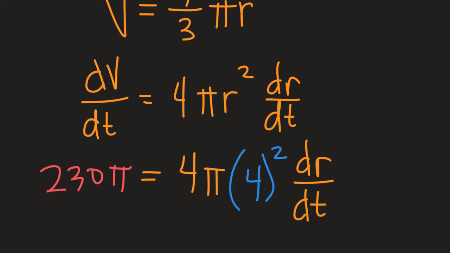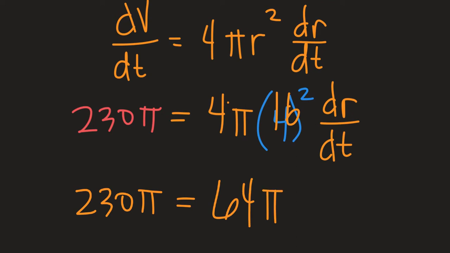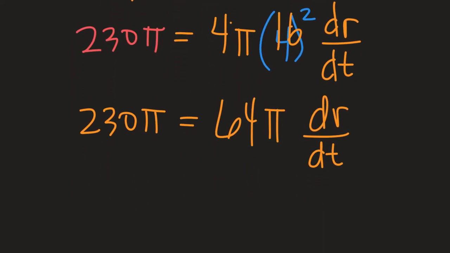So basically, this is a division problem once you take the derivative and you plug in everything that you know. So we have 230 pi. 4 squared, well, that's 16. 16 times 4 is 64. And if you need a calculator, by all means, use a calculator to multiply these things and divide them. Okay, so then to solve for the rate, we're just going to divide both sides by 64 pi.